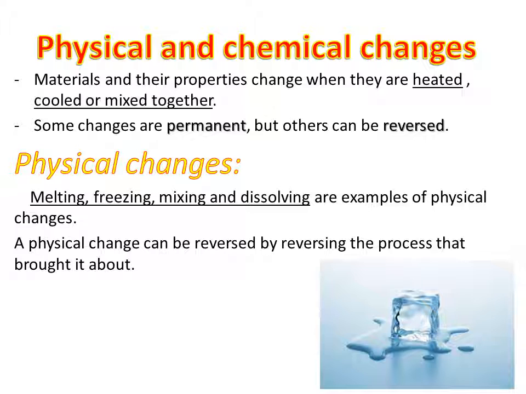But if I bring peppers and put fire on them, after burning it and turning it to ash, can I make it pepper again just by putting some water? Surely no, right? So this is a permanent change. But the ice cube, I can melt it or freeze it, and this is reversible.